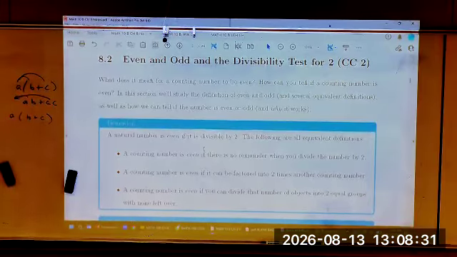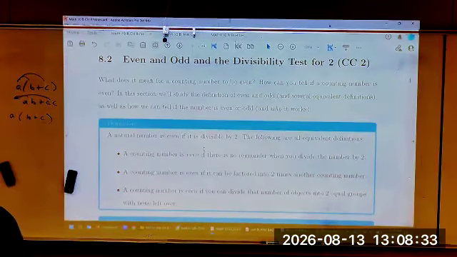Okay. Quick questions. Is 0 positive or negative, or neither? Neither.